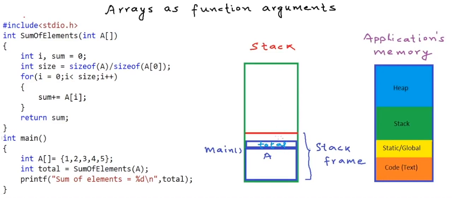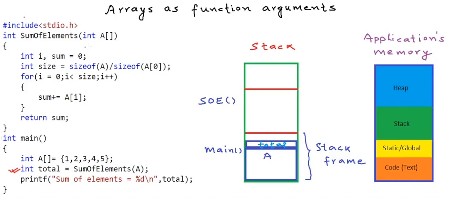And there would be some more information in the stack frame. Now when the program execution reaches this particular line where we make a call to sum of elements, the execution of main is paused and another stack frame is allocated to execute the function sum of elements. We have talked about this call stack growth and function execution a number of times in our previous lessons.